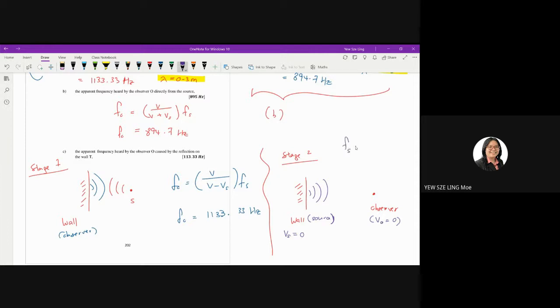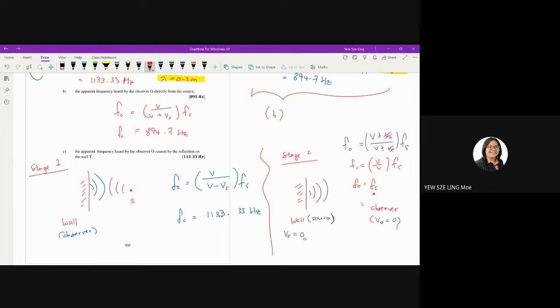So fo is then equal to v plus minus vo over v plus minus vs, times fs. Now, when it comes to the Doppler effect equation, if you have vs not moving and vo not moving, you cancel out vo and you cancel out vs. So you're left with fo equals v over v times fs, which means the observed frequency is equal to the frequency of the sound.